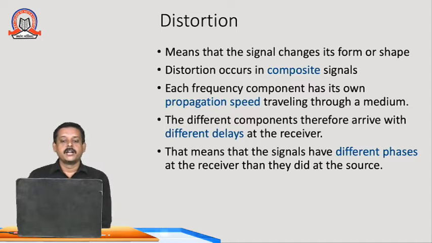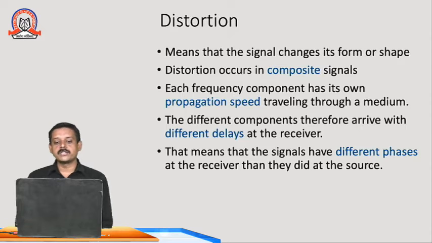Distortion. Distortion means the signal changes its form or shape. Distortion occurs in a composite signal. As we have seen in a previous example, the representation of a signal is in a sine wave or waveform. Whenever that wave changes, the signal is changing its shape.